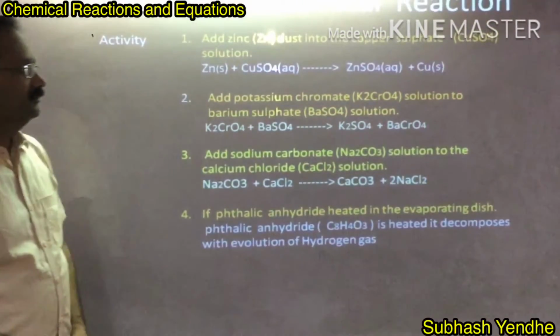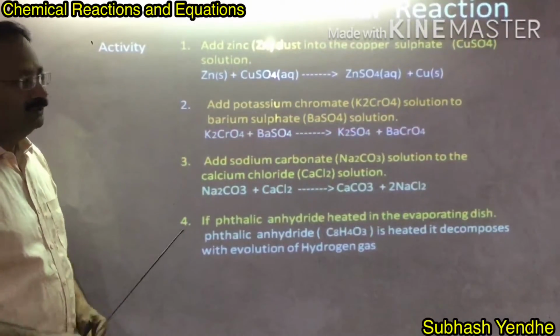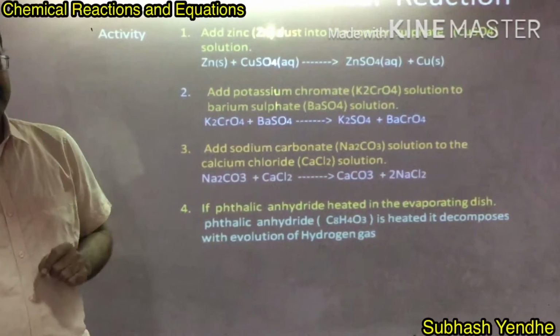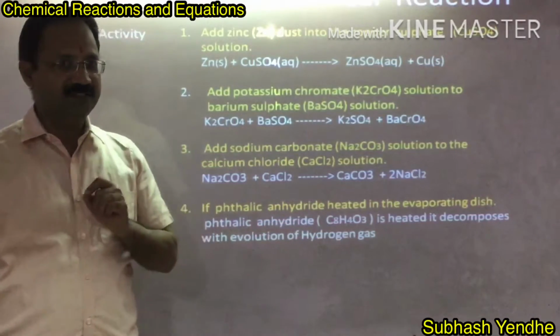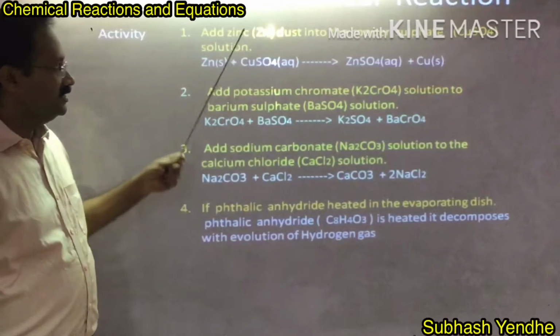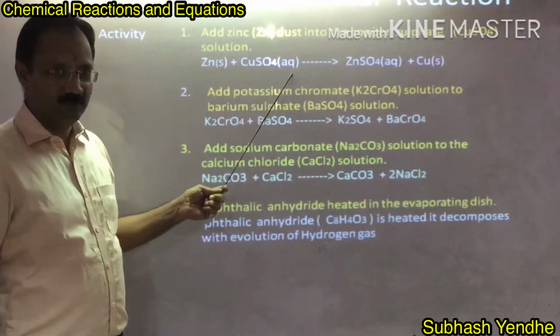Let's start with the chemical reaction. Now we are going to do one activity. The first activity is to add zinc dust to copper sulfate. So what will happen? Zinc is a solid and copper sulfate is in aqueous form.